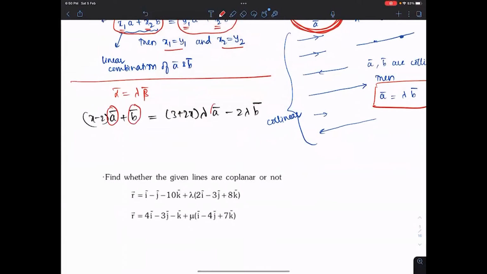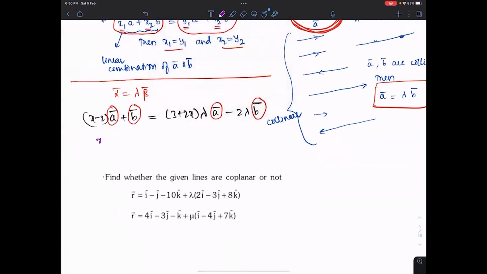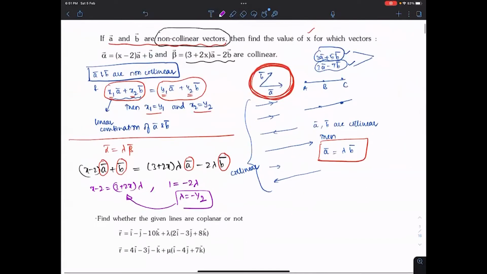So on both sides there is a linear combination of them. If those 2 are the same, then the coefficients also you must equate. That is x minus 2 must be equal to 3 plus 2x into lambda. And 1, the coefficient of B bar, must be equal to minus 2 lambda. So lambda is how much here? Minus 1 by 2. Substitute that here, you will get the value of x. Okay.